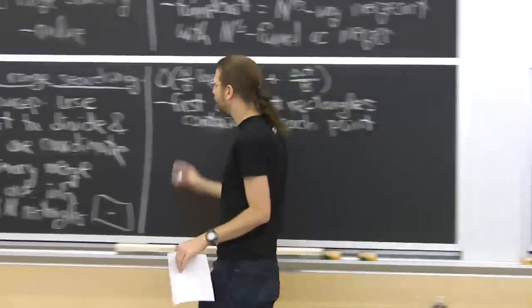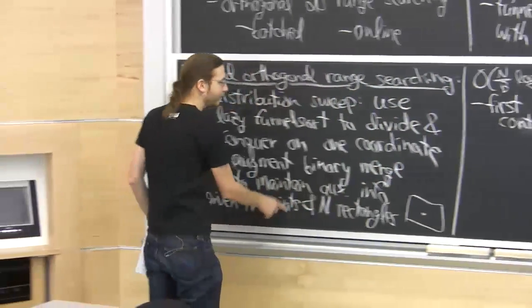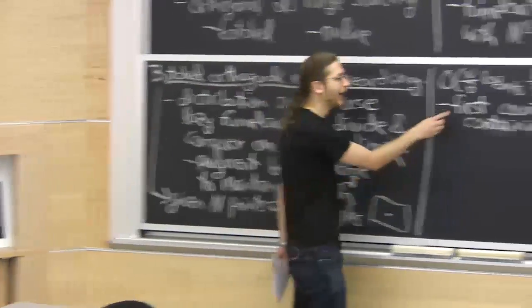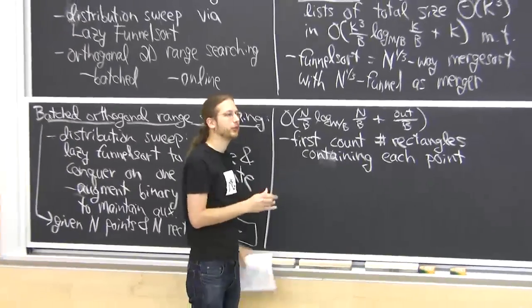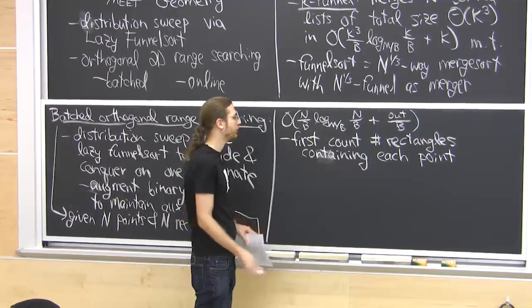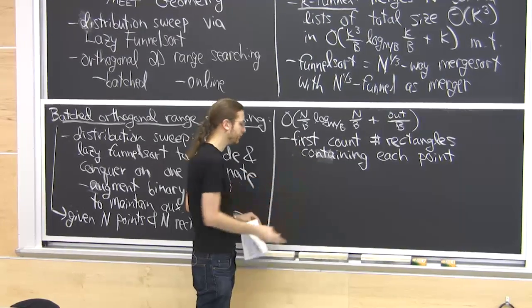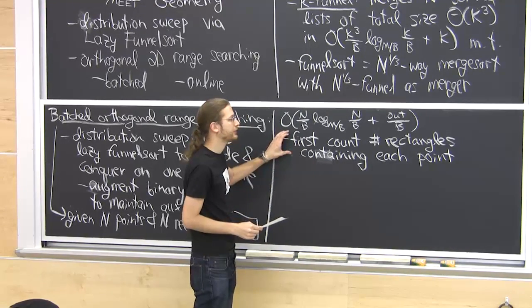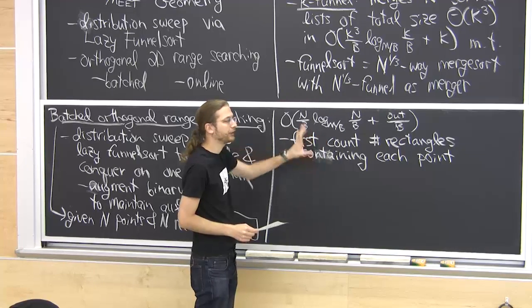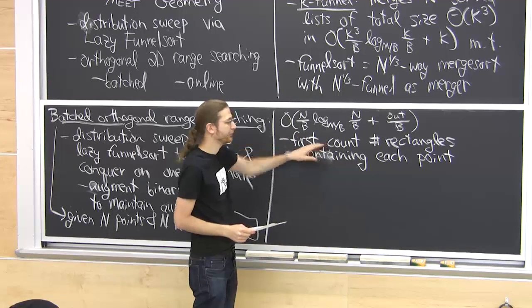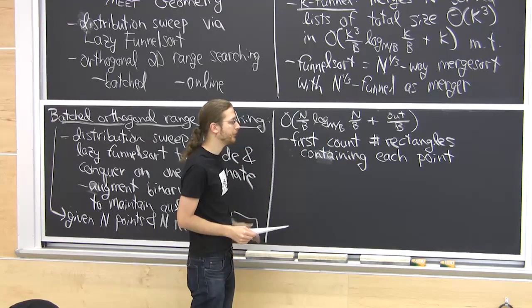So the first step of this algorithm is to first figure out how big those buffers have to be so that we don't have to allocate them too large. And to do that, we need to basically count how many answers there are, and this is what we'll do. And to compute these values, the answers aren't very big. These answers are just single numbers per point, so it's no big deal.